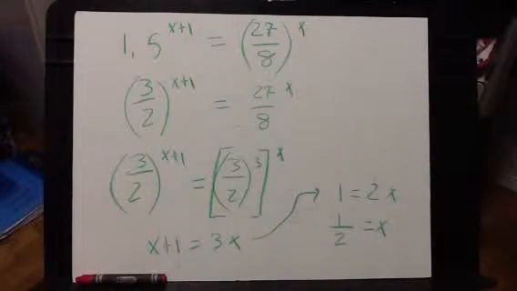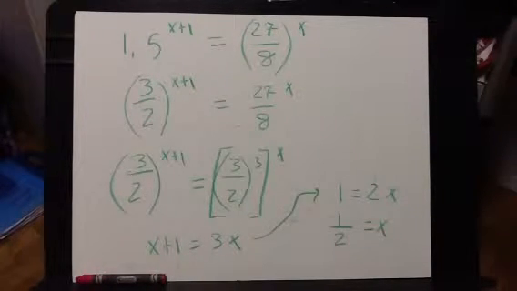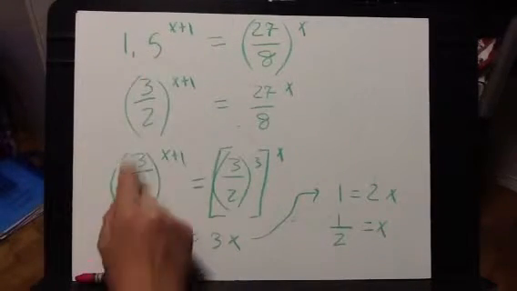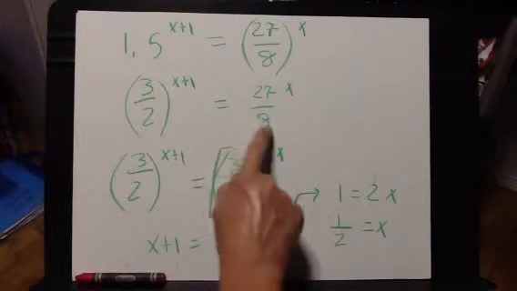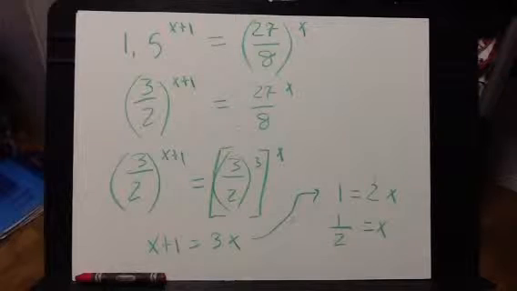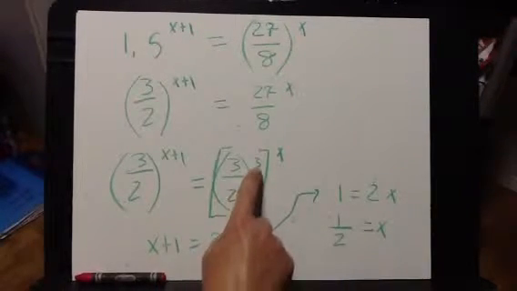Along those lines, we have another problem where both sides can be expressed with the same base. 1.5 is really 3/2. Do you notice that 27 is the cube of 3 and 8 is the cube of 2? Therefore, this is that base raised to the third power.